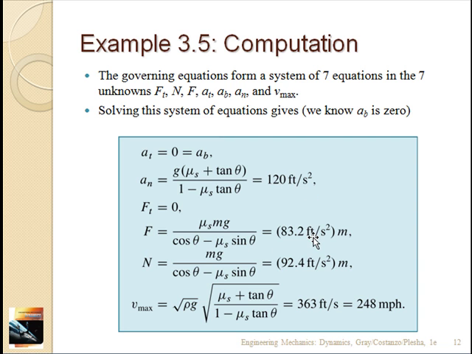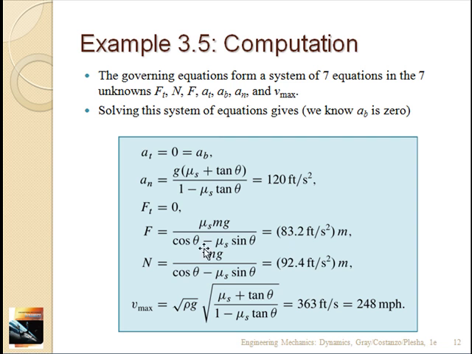The frictional force turns out to be 83 feet per second squared. N turns out to be 92.4. And then, oh, times M. We didn't find the mass of the car, so we don't know the force, but 83.2 times M will give us that force.